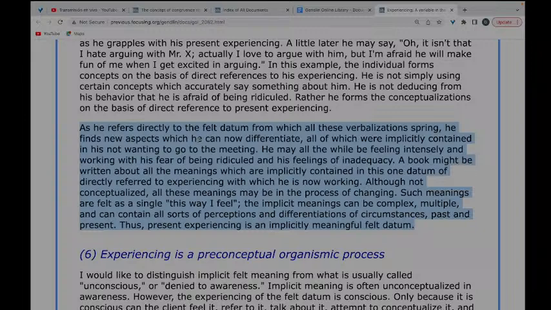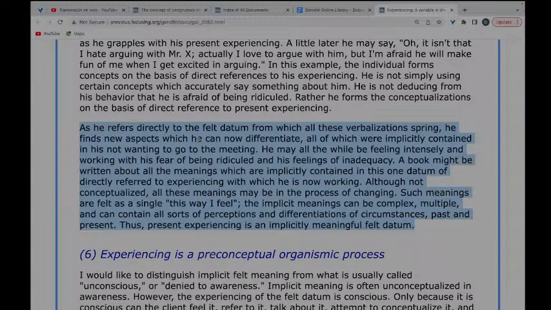As he refers directly to the felt datum from which all these verbalizations spring, he finds new aspects which he can now differentiate, all of which were implicitly contained in his not wanting to go to the meeting. He may all the while be feeling intensely and working with his fear of being ridiculed and his feelings of inadequacy.